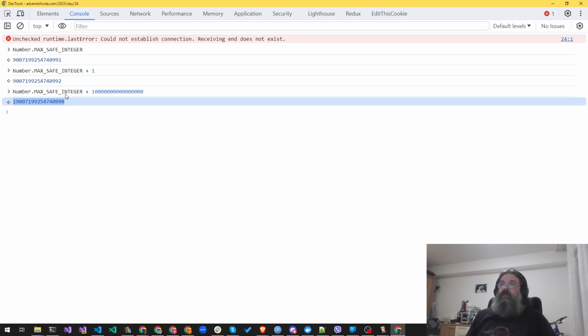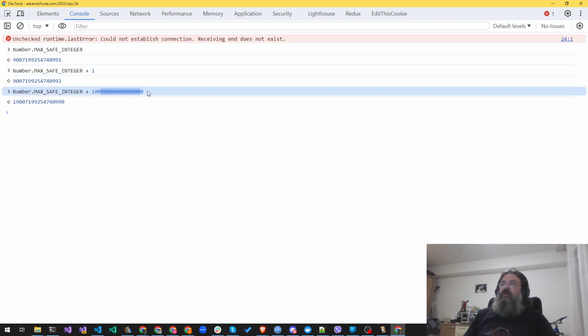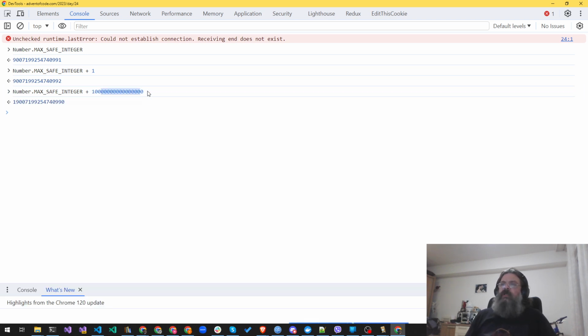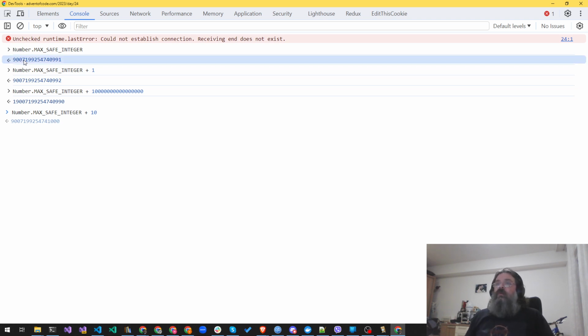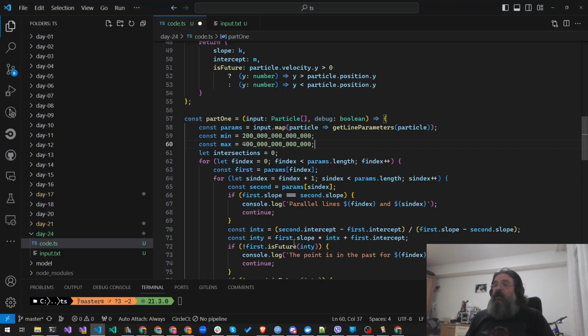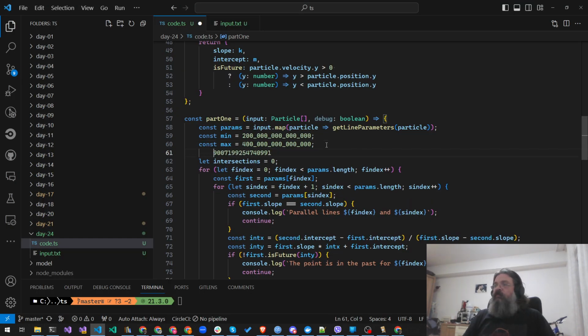Actually, you can even see it here, I think. If we add 1 and if we add 10, it's not the same thing. It got rounded down. Yeah, that's incorrect. So the max safe integer, I think, has 16 digits. But I'm not sure. Anyway, this falls under that.